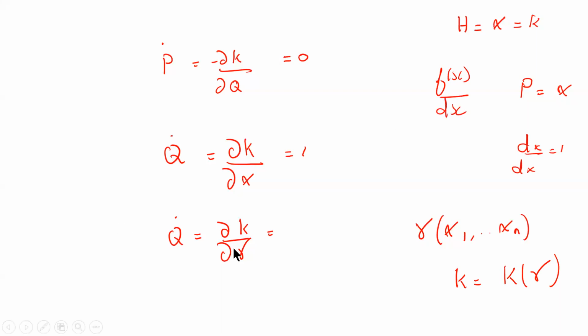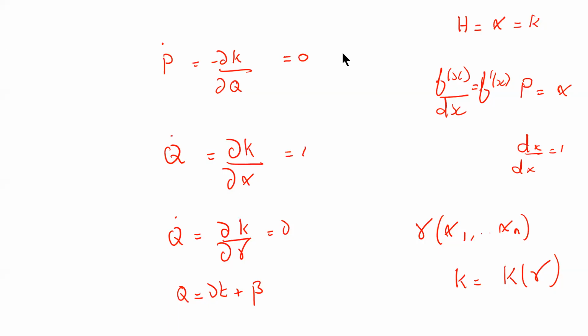So that is what is happening here. When you do that, you get f dash of x, which is a new function of x, right? So I get a new function of these gammas, which I will call nu. So that is what we get. So now Q dot is nu. So Q is nu times t plus an integration constant beta. So that is what we got.